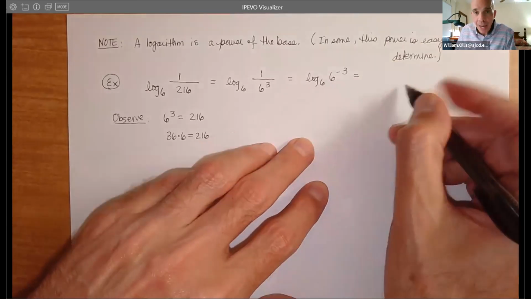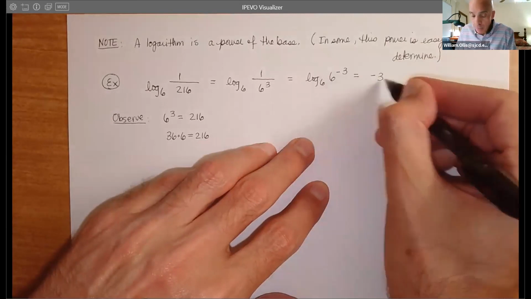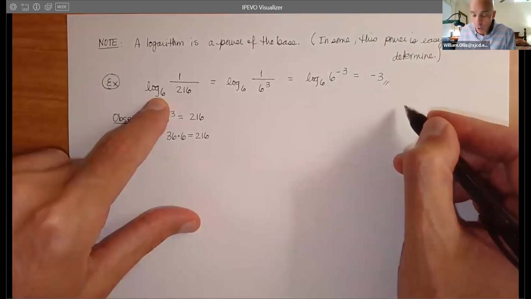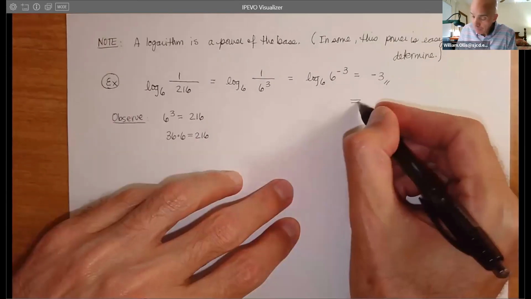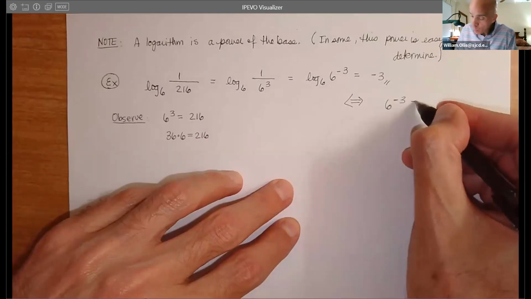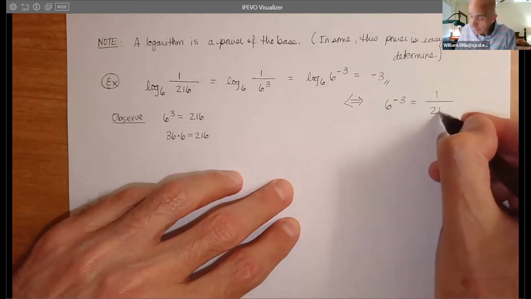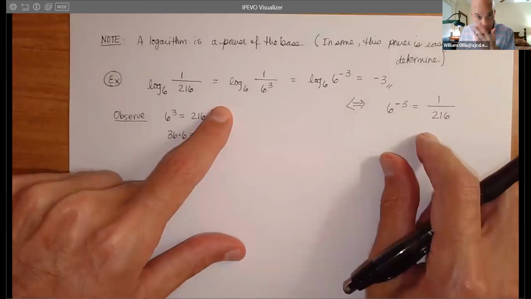And what is that power? It's negative 3. So the base 6 logarithm of 1 over 216 is negative 3. Why is that true? Because 6 to the negative 3 equals 1 over 216.